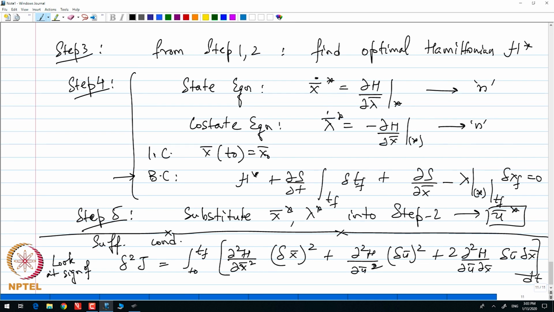So, this is our second variation in general.